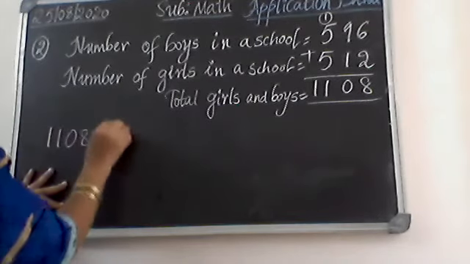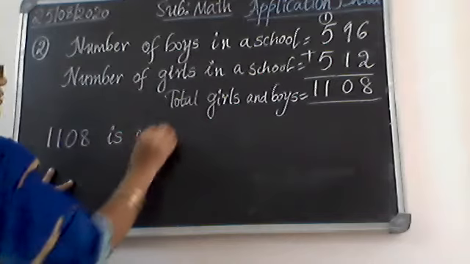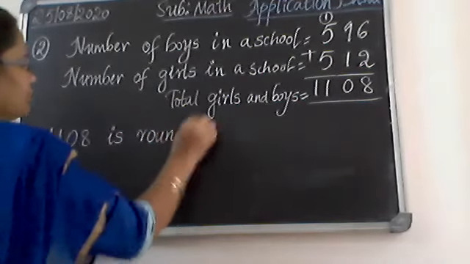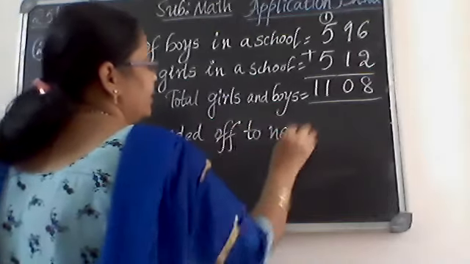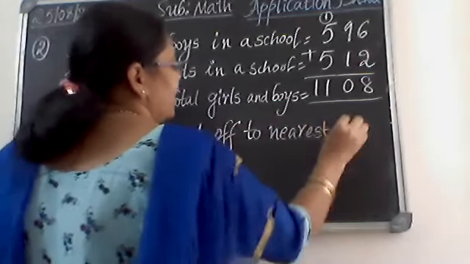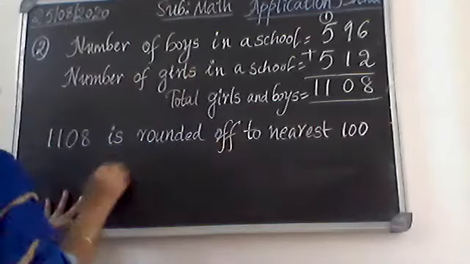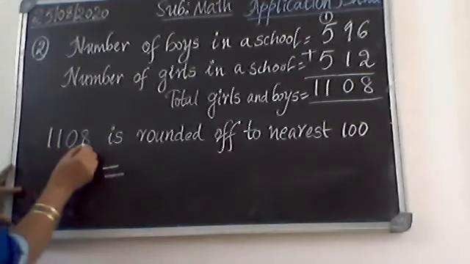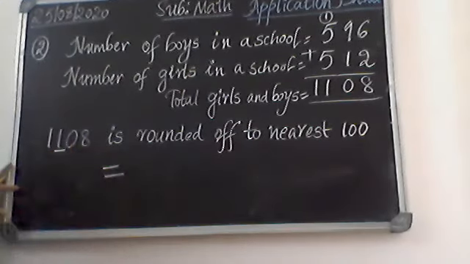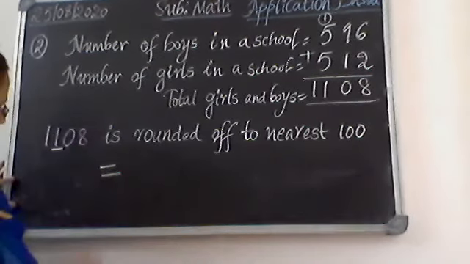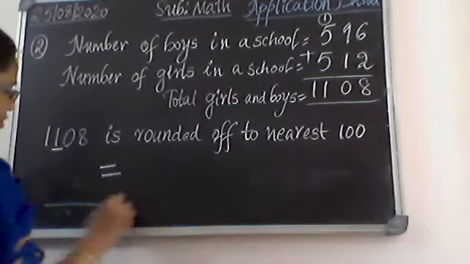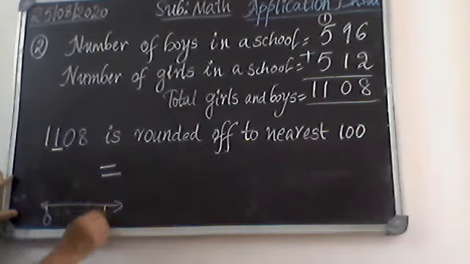So 1108 is rounded off to the nearest 100 equals how much? Now, which is in the 100s place? Here we have 1 in the 100s place. In front of it, what is it? 0. 0 is very near to 0 on the number line.